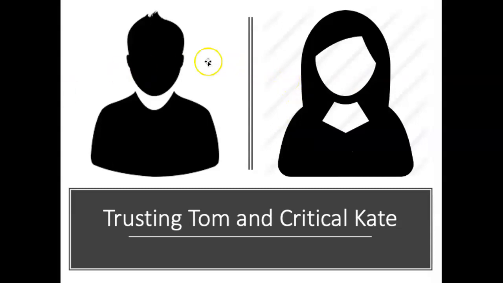So thinking about these two characters, as I said before, Trusting Tom might be a nice fellow, but he's not going to do very well in any kind of personal project or EPQ. Critical Kate may be seen as quite a nasty, suspicious person, but when we're doing academic research, we need to be suspicious.